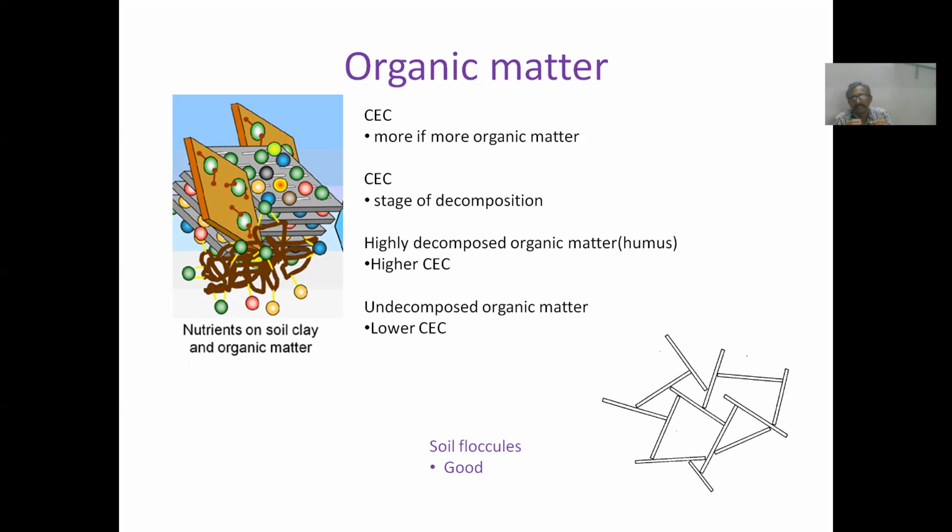If the organic matter is fully decomposed, you can expect higher cation exchange capacity. So the higher the cation exchange capacity, the more nutrients can be fixed onto the organic matter and made use of by the plants. So if you have more organic matter, you can also expect more soil floccules getting formed, and the soil structure would be much better.